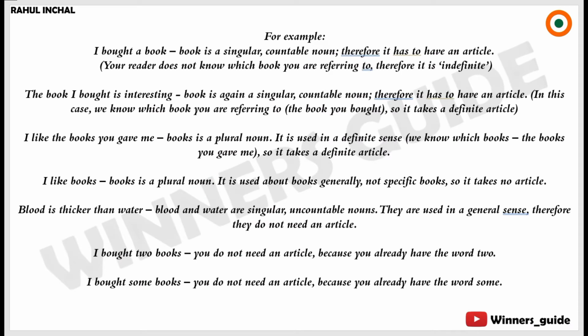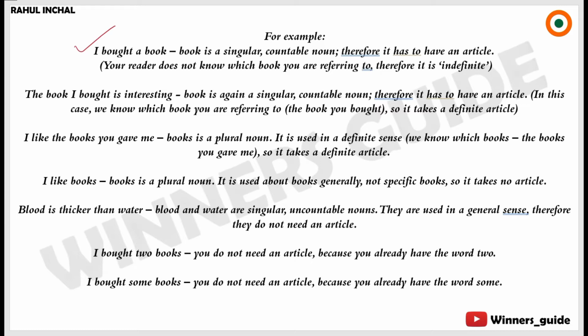Now, we have here a few examples. I bought a book. Now, book is a singular, countable noun, therefore it has to have an article. Suppose your reader does not know which book you're referring to, therefore it is indefinite. Right? So, I bought a book. Which book? We do not know.